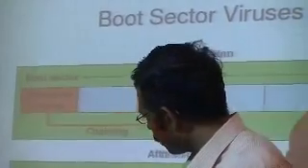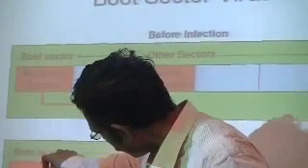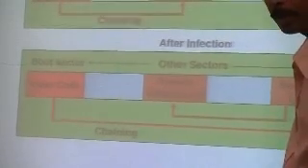Now, what it will do is, the virus code that infects the boot sector will point to the real bootstrap loader. When the boot sector is infected, the virus code will shift that bootstrap loader to some other portion of your hard disk. But the virus code will know where the real bootstrap loader is. So when you are booting up your system, it is the boot sector that is being looked at by the BIOS.